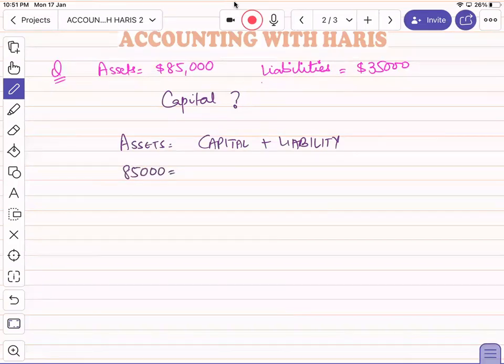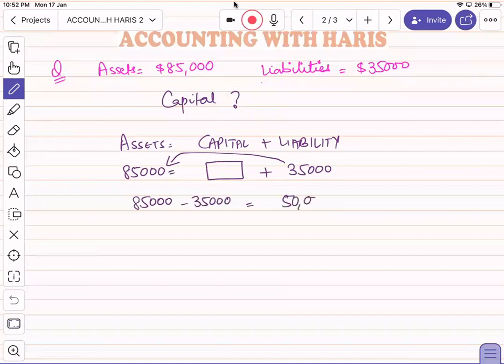Capital we can assume X or keep a box, and our liabilities are 35,000. So if I take 35,000 to that side, 85,000 minus 35,000 equals 50,000. So our capital equals $50,000.